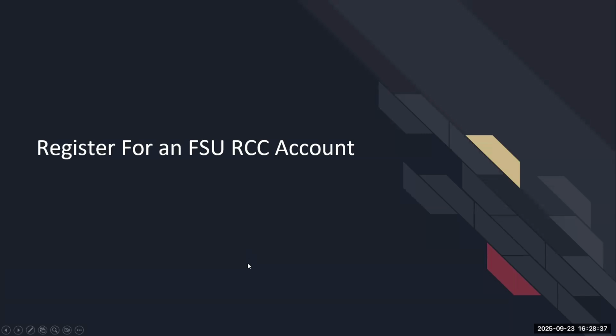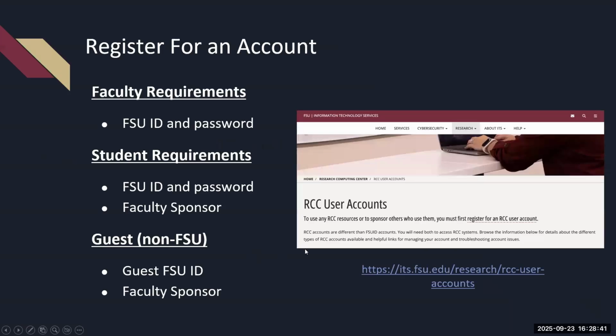And if you are interested in the RCC account, how to register that, if you are a faculty member, we only need the FSU ID to set up everything. And if you are a student, you need your FSU ID and a faculty sponsor to register. And the faculty sponsor could be any of the instructors or professors in your department.